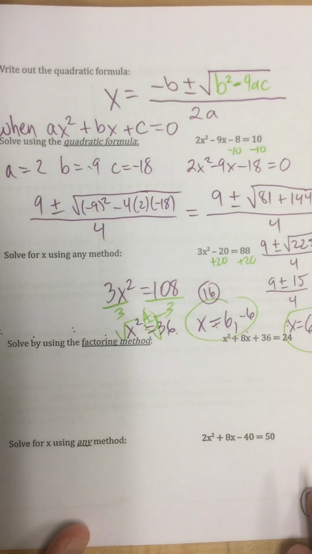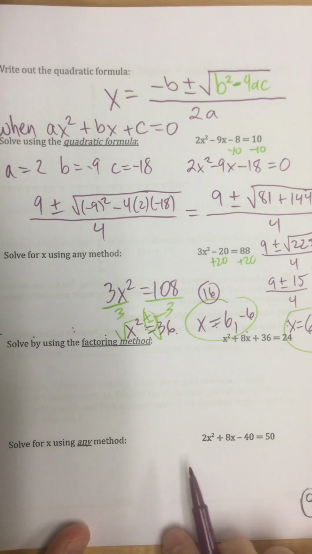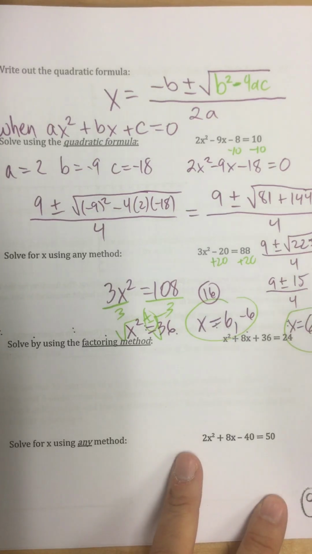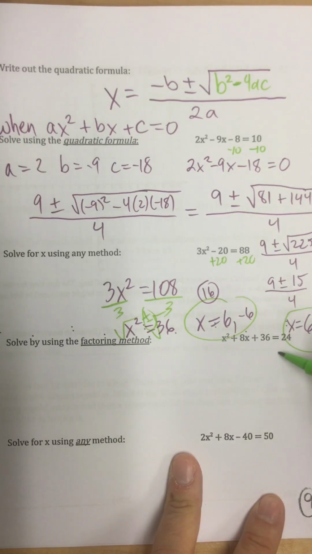Let's do 17, and let's leave 18 on your own, but let's go ahead and solve 17 using factoring method. Factoring, just like quadratic formula, set that puppy to 0.